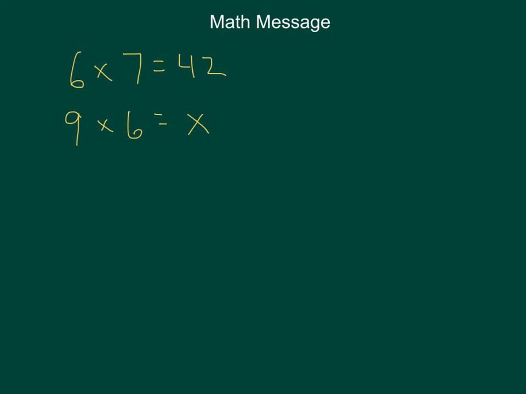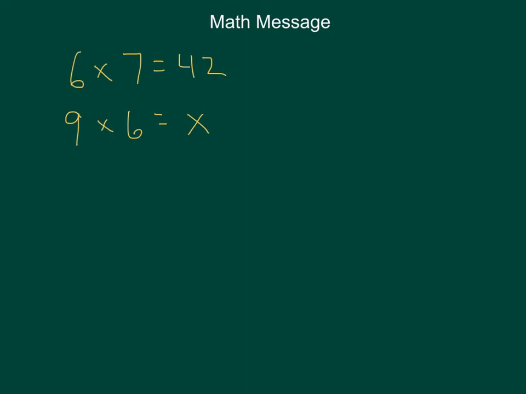The math message problem for today is there are 2 multiplication problems here, and I would like for you to write 2 related division facts for each. I'll give you one example. Let's go with the top one here.